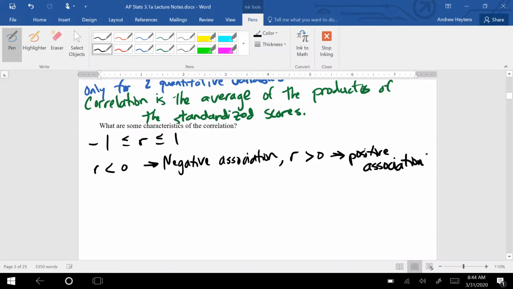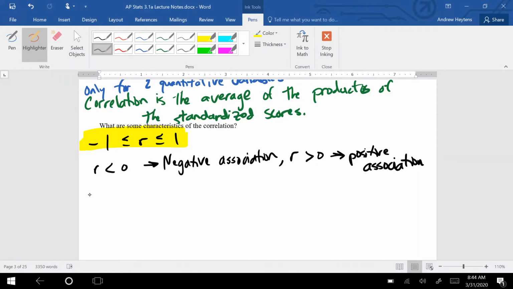And again, it can never be less than -1 or greater than 1. So your R values are always going to be somewhere between -1 and 1. If it's negative, it's negative association. If it's positive, it's positive association.